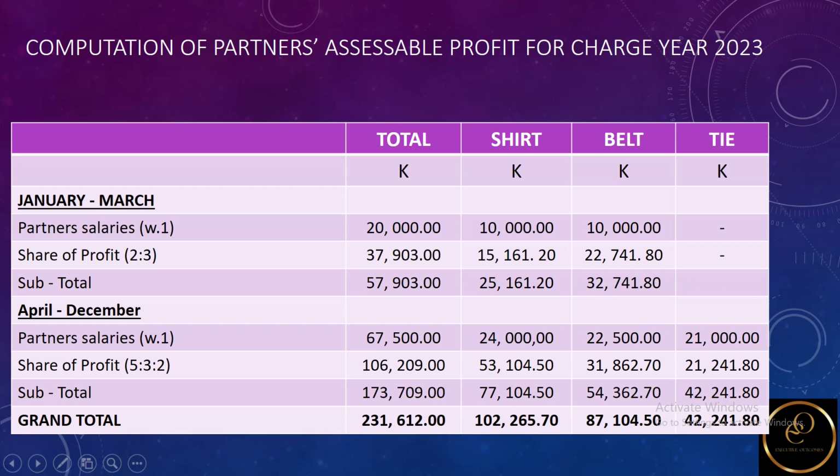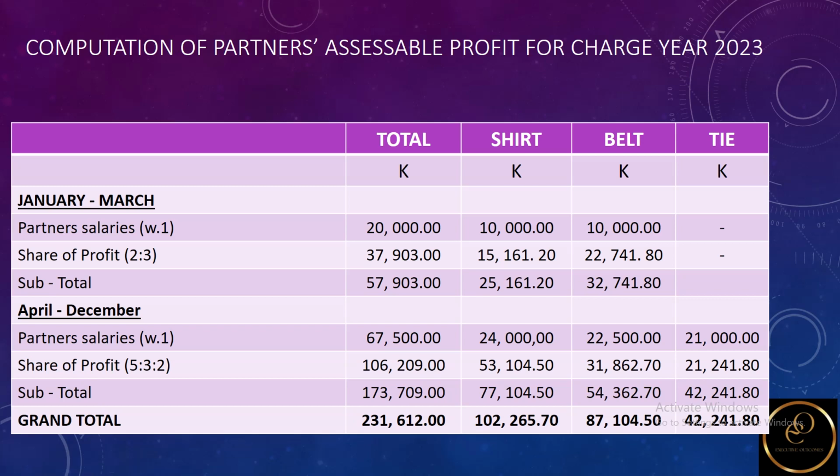Equally, the same will be applied to the second notional period, which runs from April to December, where you have to show the partner's salary for that particular period, and then their share of profit in the profit sharing ratio. Again, we are going to have a subtotal. So let's look at where we're getting these figures.